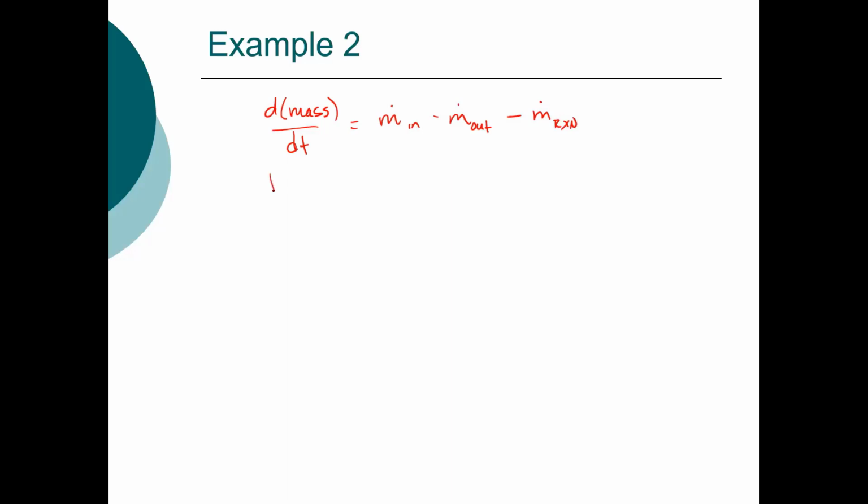Since volume is constant, we can write V dC/dt is equal to, and since Q, volume is constant, we'll use Q, so we have C in Q minus C out Q minus K C, this C is our C out, times the volume.